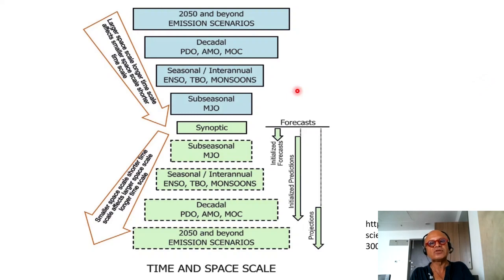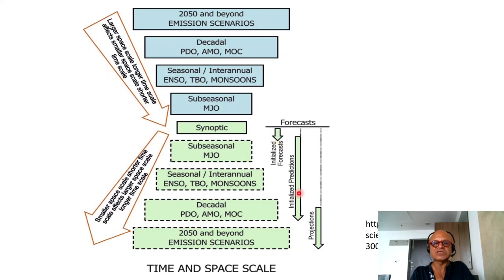Typically, when you want to think about observing and collecting data for any particular purpose, you are either focused on forecasts, let's say at weather time scales, as we said. So they will be initialized forecasts for a few days or a week.